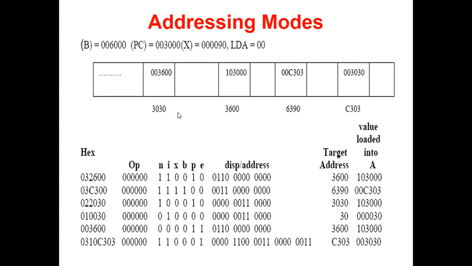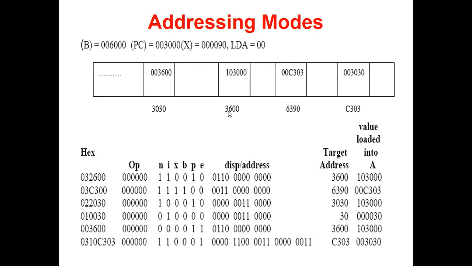Now we have memory. They are showing us memory locations. A memory location whose address is 3030, its contents is 3600.